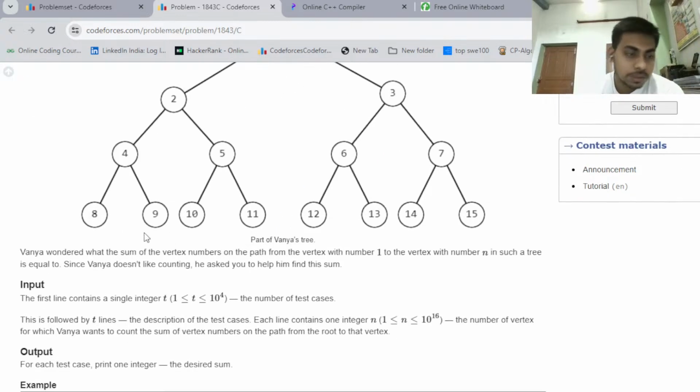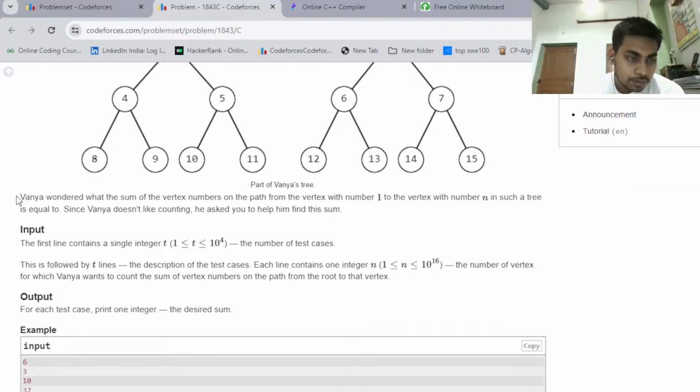Now what does the question say? Vanya wondered what the sum of the vertex numbers on the path from the vertex with number 1 to the vertex with number n in such a tree is equal to.